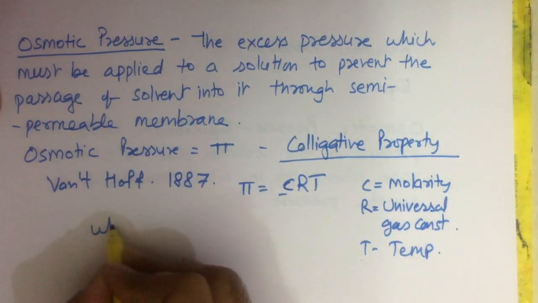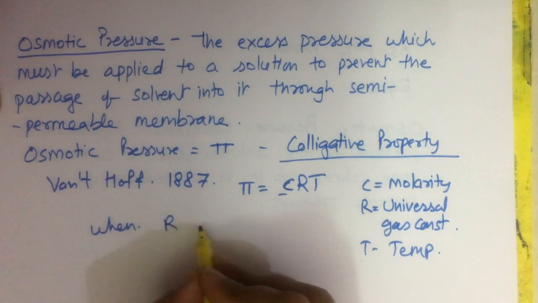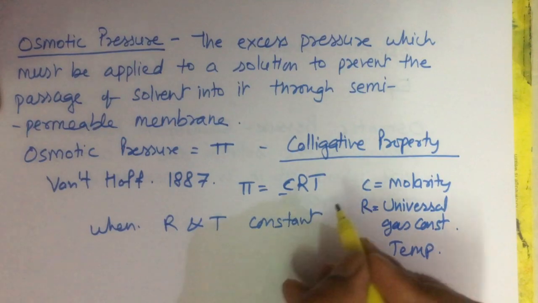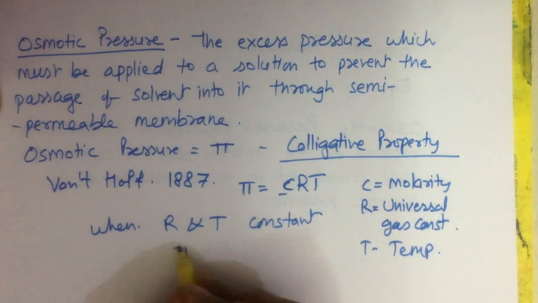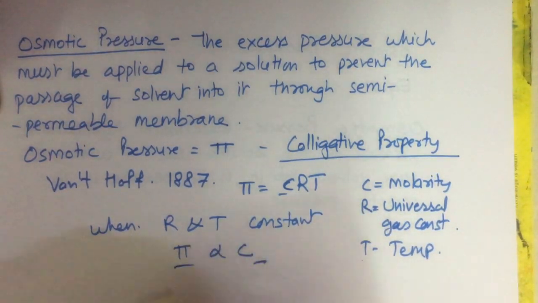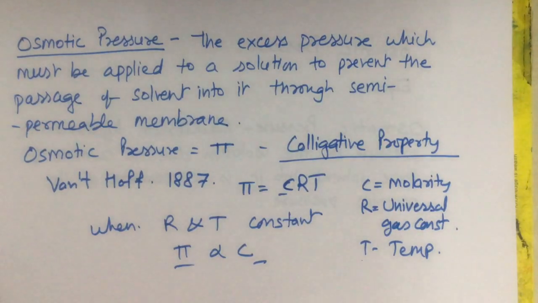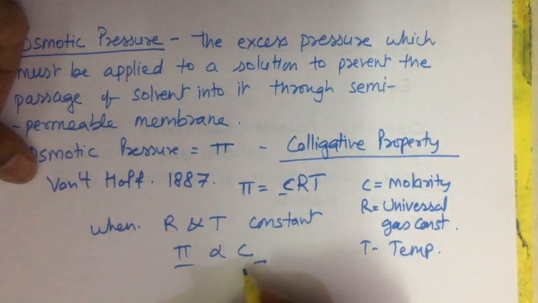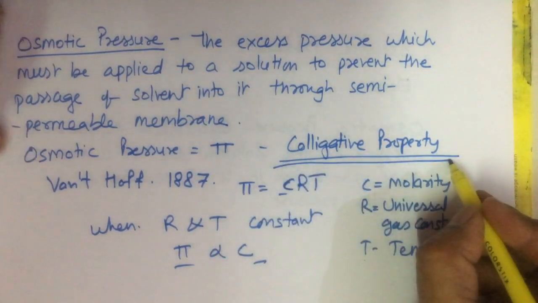Now when R and T are constant, temperature is constant, R is already constant, then pi is proportional to C. So this pi depends upon the solute concentration or molarity, hence pi is a colligative property.